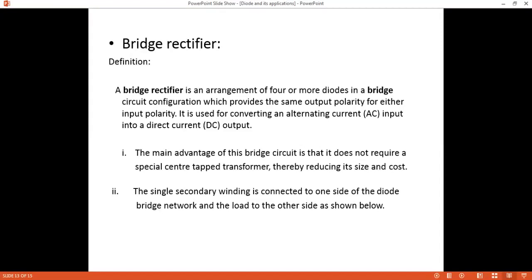Center tap transformers are used only in full-wave rectifiers. Please remember, this is very, very important. Next point, the single secondary winding is connected to one side of the diode bridge network and the load to the other side, as shown below.